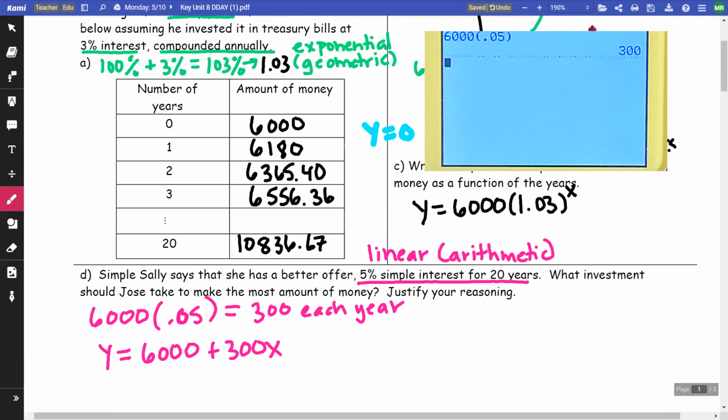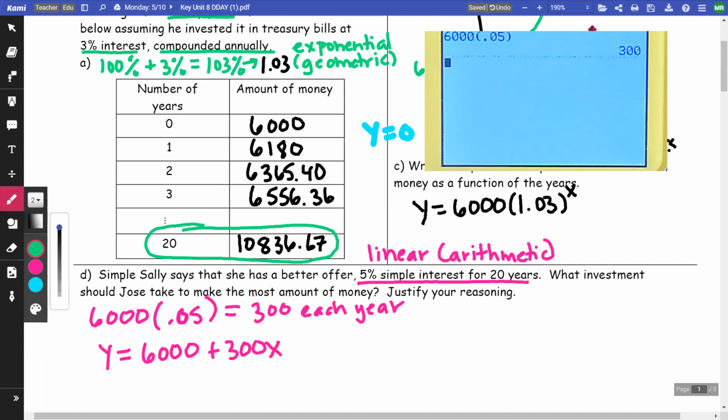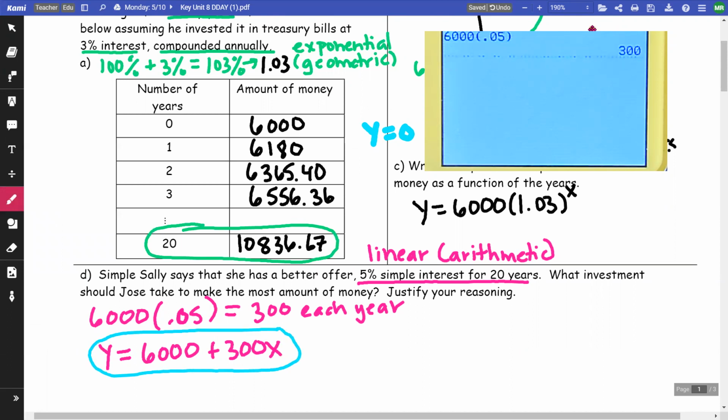Now at this point, we want to see which one would be a better investment over 20 years. For the first one, the exponential one, in 20 years it's $10,836.67. We need to figure out what it is in this one for 20 years. So I'm going to put in 20.